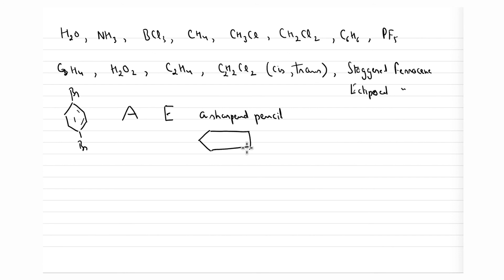I'm trying to give you different shapes just to see if you can actually find out the point group. This is the side view, and then the top view will be something like this, right? The sharpened pencil. So try to find out the point groups of these molecules. This will give you enough practice by following this set of questions.